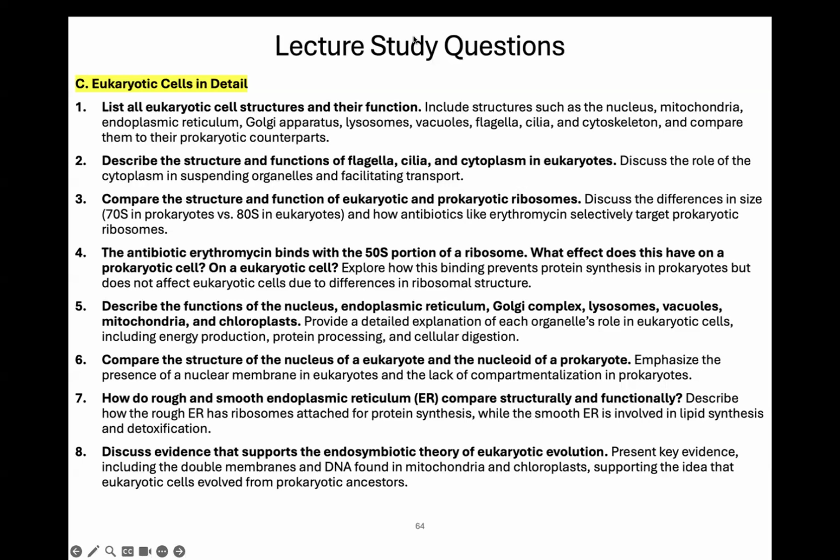Next, we compare the structure and function of eukaryotic and prokaryotic ribosomes. Eukaryotic ribosomes are larger. There's 80S ribosomes. They have a 60S large subunit and a 40S small subunit. Prokaryotic ribosomes are 70S ribosomes. They have a 50S subunit and a 30S subunit, and they're targeted by certain antibiotics because their structure is different from eukaryotic ribosomes.